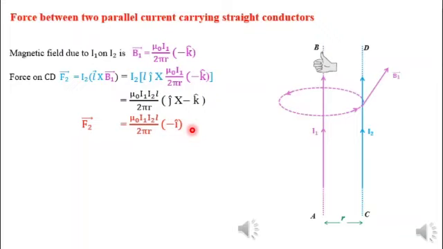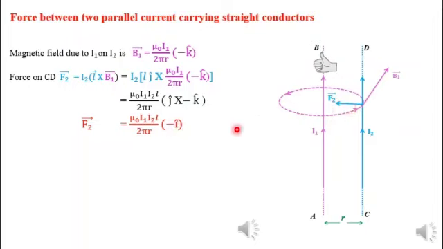So F2 equals mu 0 I1 I2 L divided by 2 pi r into minus I cap. Since the unit vector of F2 is minus I cap, F2 acts along minus x direction.